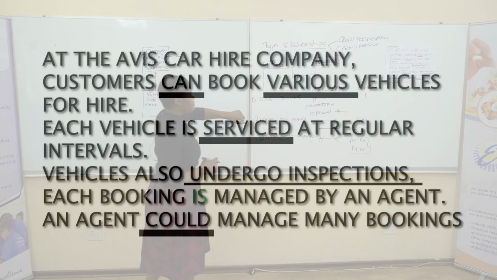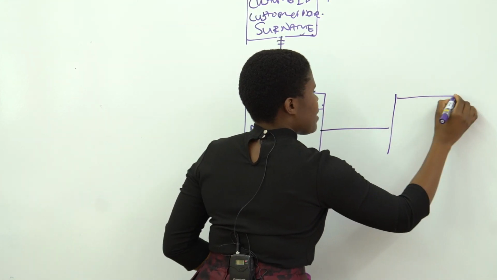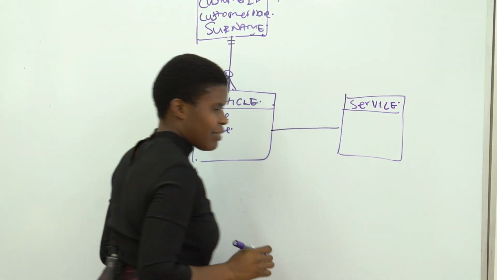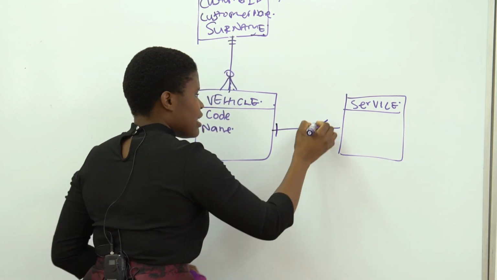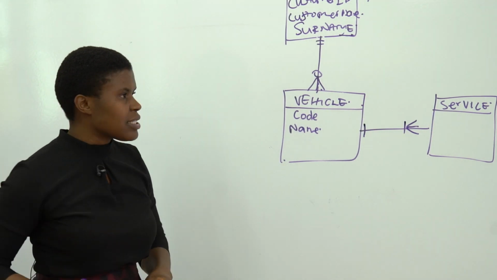We are moving forward. Each vehicle is serviced at regular intervals. This car must undergo service at regular intervals. It must go for a service, or else the cars are not going to last.